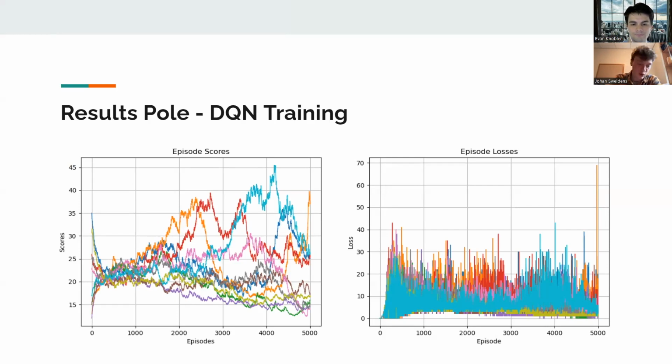As we're trying to replicate the graphs from the paper, as you can see, there's quite a bit of noise. The training scores on the left really start diverging after 1,000 episodes, and they just start going all over the place. That's replicated in the losses as well, which seem to be very, very noisy.